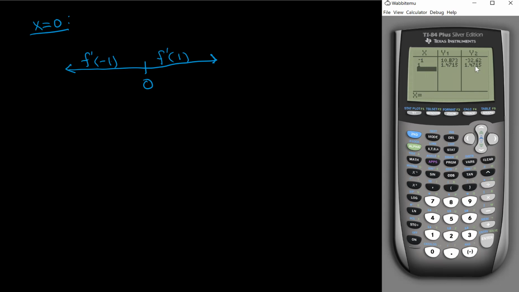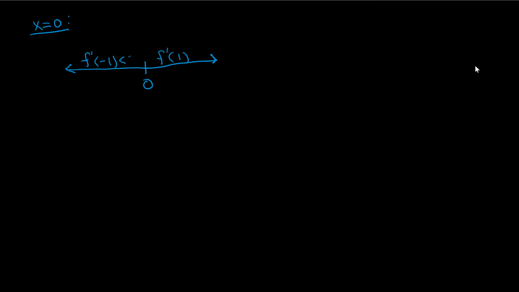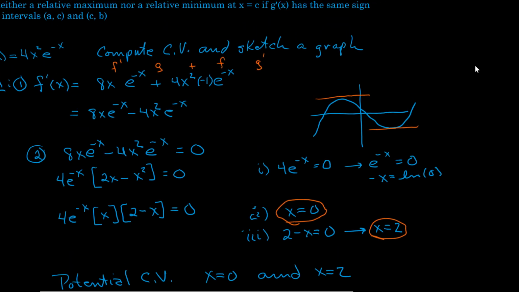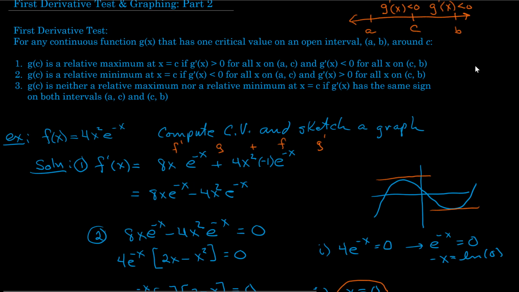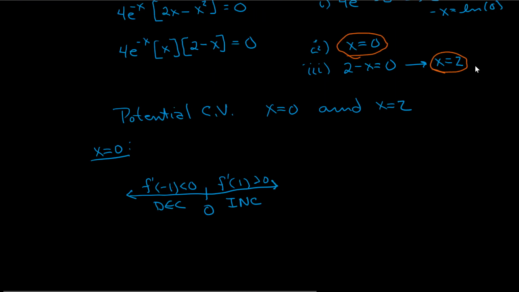So I'm going to come over here and put down it's negative, it's positive, so it's decreasing, it's increasing. Using the first derivative test, if I go from decreasing to increasing, okay, that's option number 2 here. When I go from decreasing to increasing, that tells me I have a minimum there.